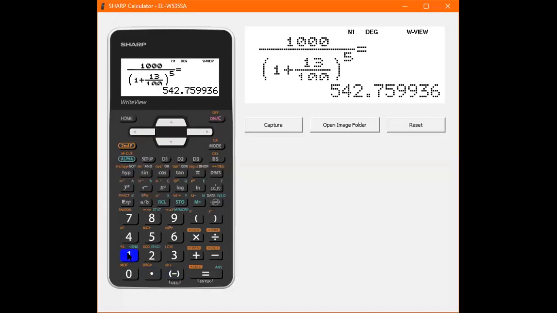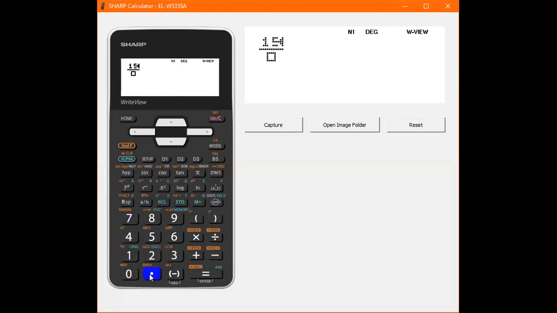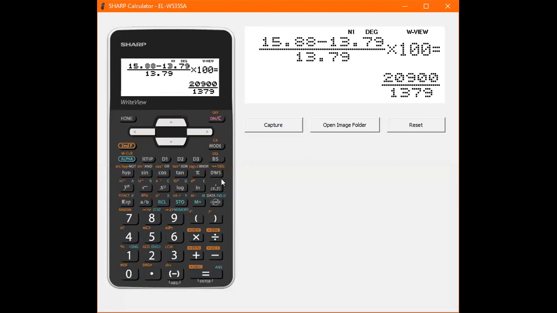So we have 1588 was the December fuel price, minus 1379 was the January fuel price, and we divide by the January fuel price to get the percentage increase. And then to get an actual percent, we just times by 100. And our answer is going to be 15.16%.